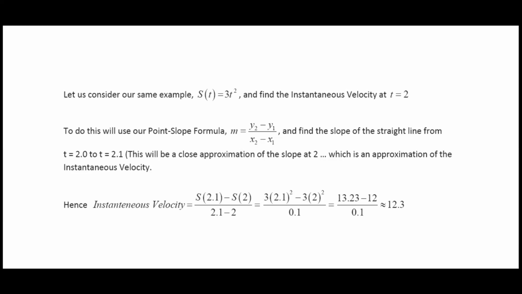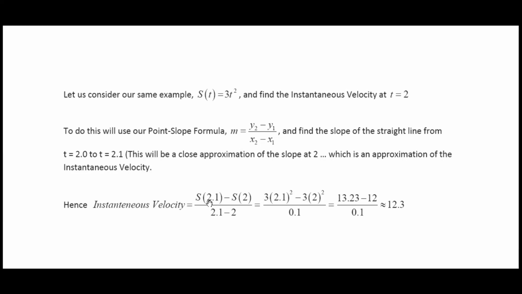So we're going to pick a point close to t equal 2, and that's going to be t equal 2.1, and we're going to find the slope of that small line segment. This is our function, so it's s of 2.1 minus s of 2, that's your y2 minus y1, over 2.1 minus 2, that's your x2 minus x1.